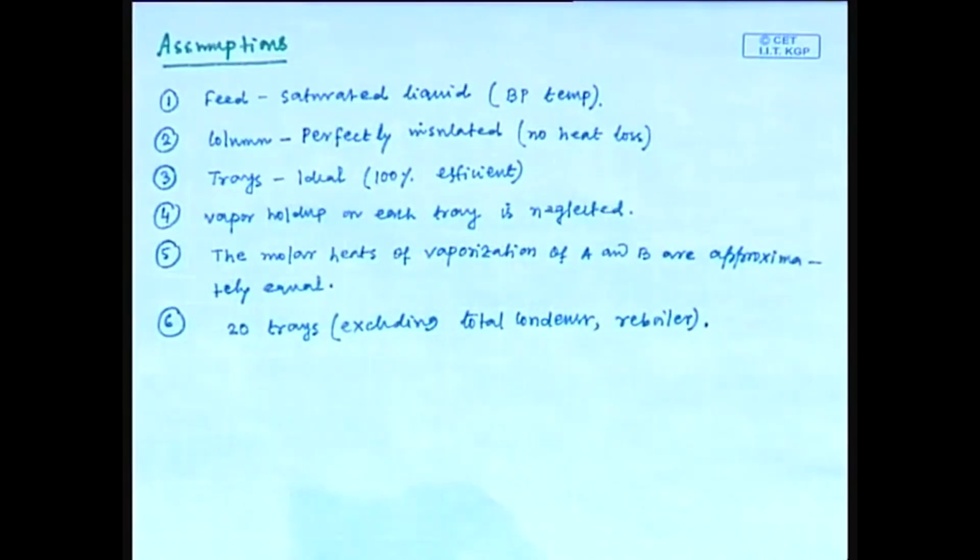Fine. Although this is not an assumption, this is basically the configuration of the process, but anyway we have included it under assumptions. We have considered n to represent the top stage. Basically n is 20 here.